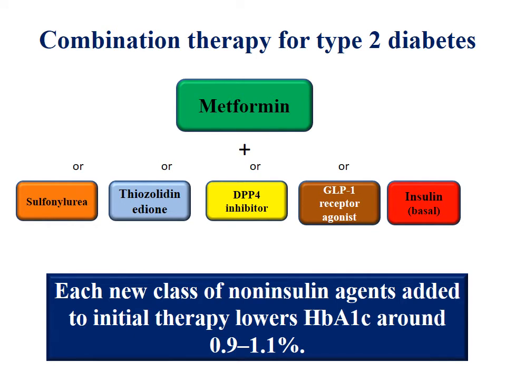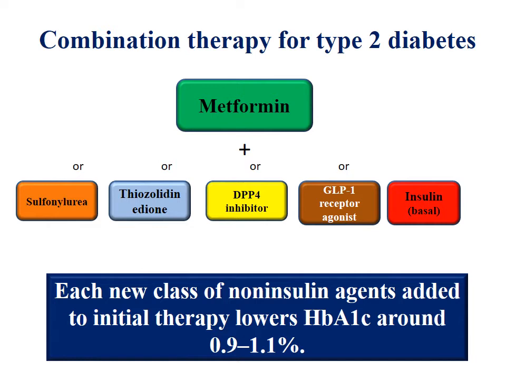Combination therapy for type 2 diabetes usually starts, as we said before, with metformin as the drug of choice. Metformin can be used with either sulfonylurea, thiazolidinediones, dipeptidyl peptidase 4 inhibitors, or glucagon-like peptide 1 receptor agonist. In the late stages of type 2 diabetes, insulin can also be given.